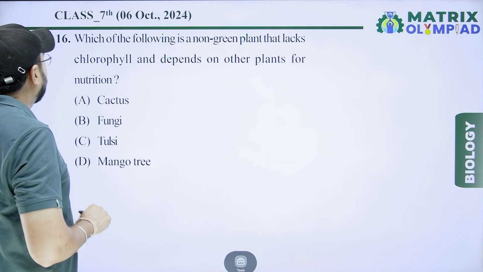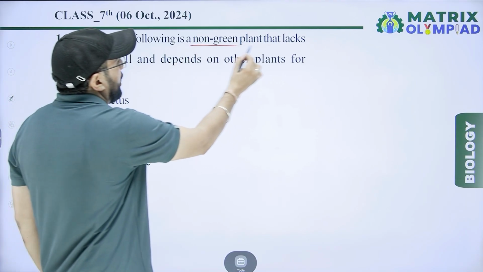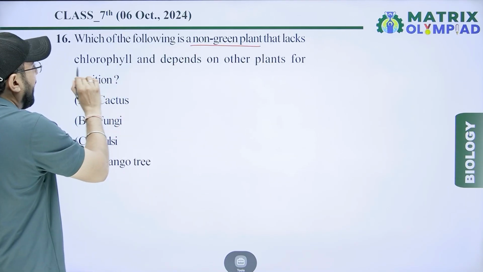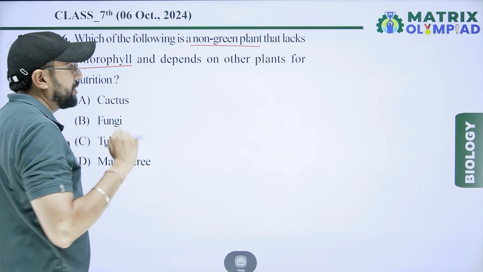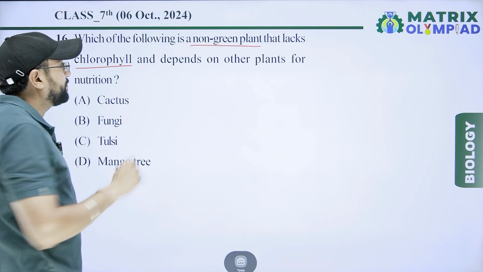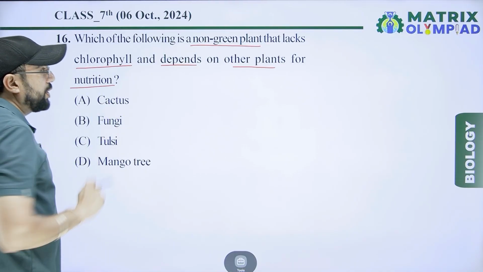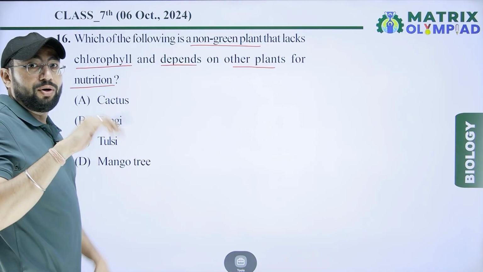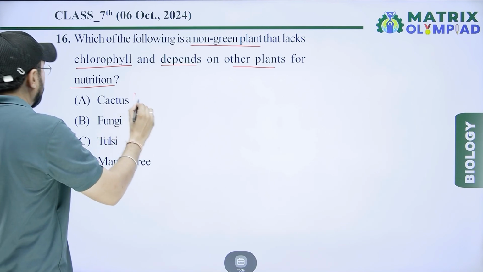Next question is, which of the following is a non-green plant that lacks chlorophyll? Chlorophyll is absent in this, and they depend on other plants for nutrition. First, cactus.